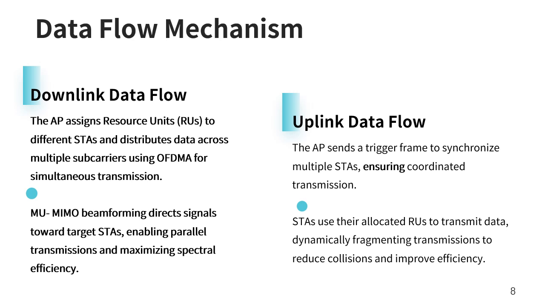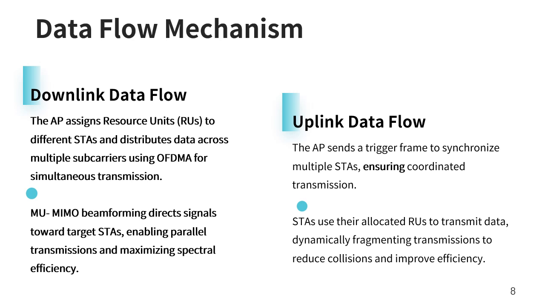This allows multiple users to receive data without resource conflicts. Combined with MU-MIMO beamforming, signals are precisely directed to the target STA, enabling parallel transmission and dramatically improving the spectrum efficiency.